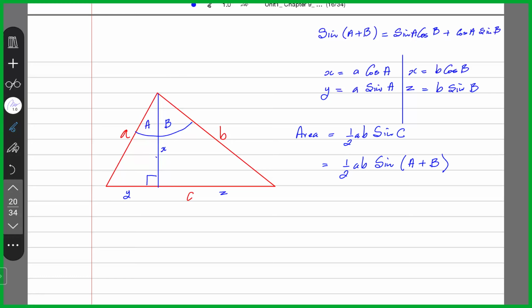I could also find the area of this entire triangle by finding the area of the two smaller triangles: the triangle on the left and the triangle on the right.